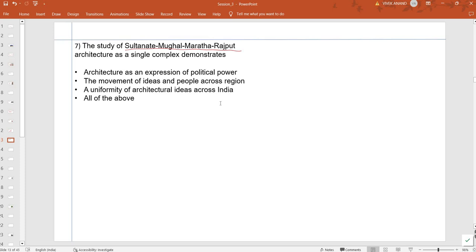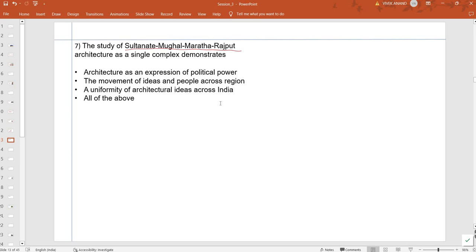So when they started building, Marathas adopted some of the Sultanate styles. Later, they got influenced by Mughals. And after Mughals or during Mughals, when Rajputs came, they also got influenced by Mughals. Those who have more power influence those who have less power. So this is the power dynamics. So in that way, the answer for this question is all of the above.